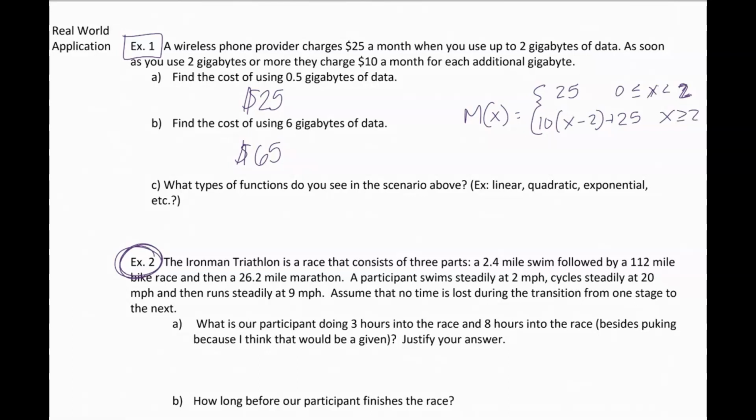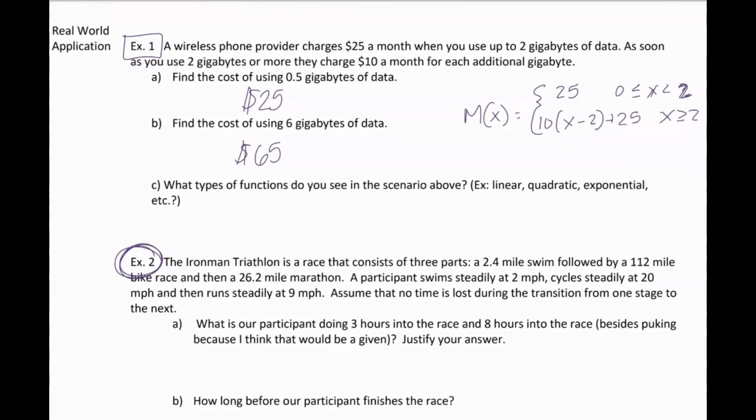So yes, it's $65 because you have to add on the original 25, but then it's $10 for each additional gig, and there are 4 additional gigs, so sorry. So 4 times 10 is 40, plus 25, 65.